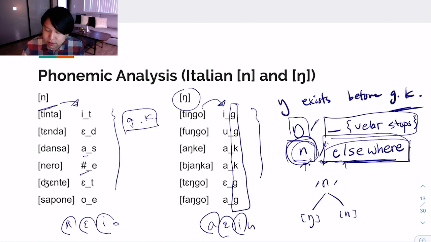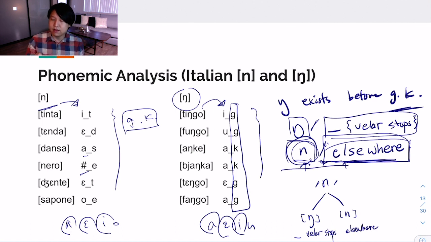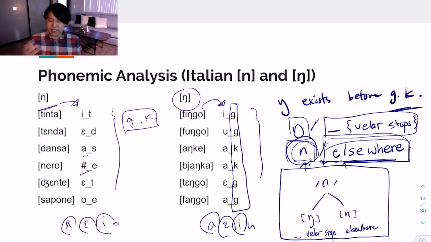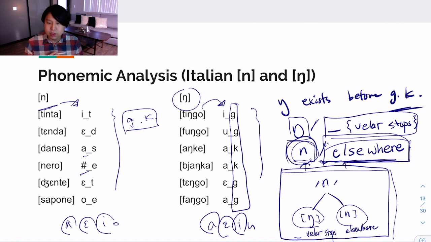The ng sound exists only before velar stops, and n sounds exist elsewhere. That's how the Italian nasal n sound is realized in different positions. So these ng sound and n sound form a complementary distribution, and are different realizations of a single phoneme n.